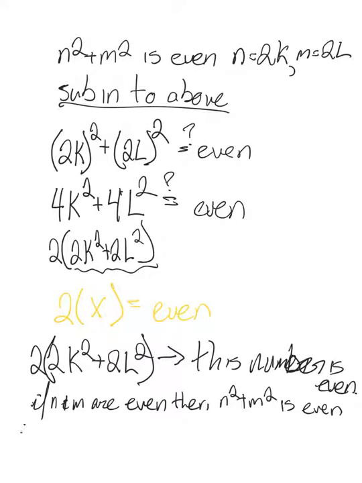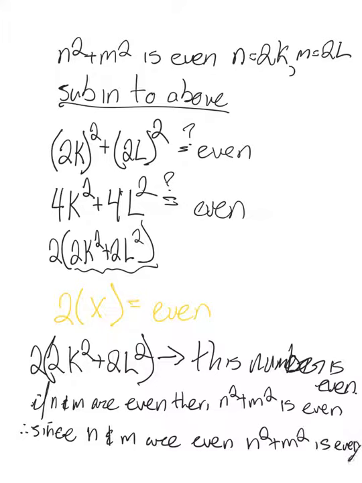So now we could say, therefore, since n and m are even, n squared plus m squared is even. And those two little dashes at the end just mean that you finished your proof and it's done.